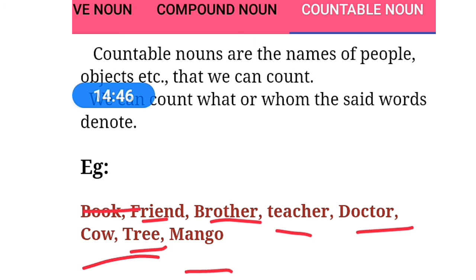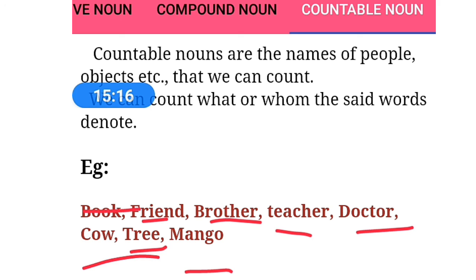Don't think about finishing the counting. In whatever example we can start counting the thing, it is a countable noun. Simple. We can start counting persons, humans in a crowd. 1, 2, 3, 4 and further. This is a countable noun.